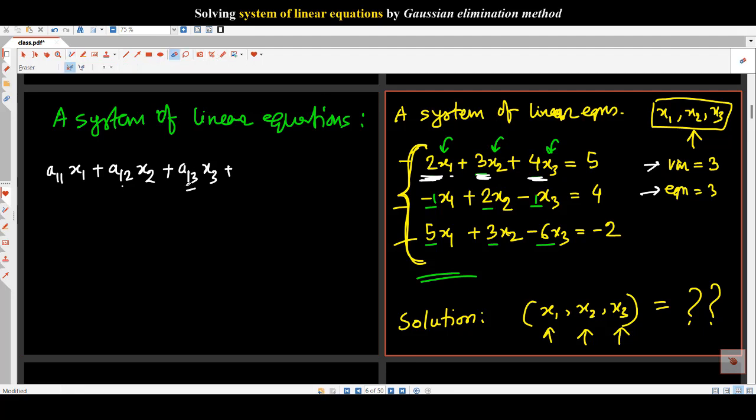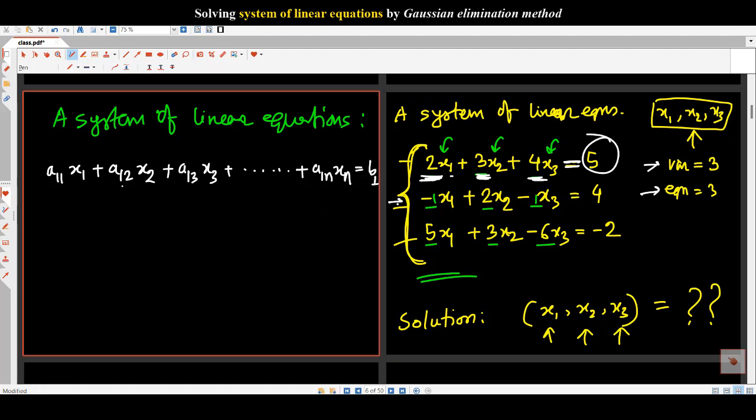This is how I am writing it. This continues: a11 x1 plus a12 x2 plus a13 x3 plus a14 x4 up to a1n xn equals some value, let's say 5, 4, minus 2. Let us consider these values as b1, b2, b3. Let's say the first value is b1.